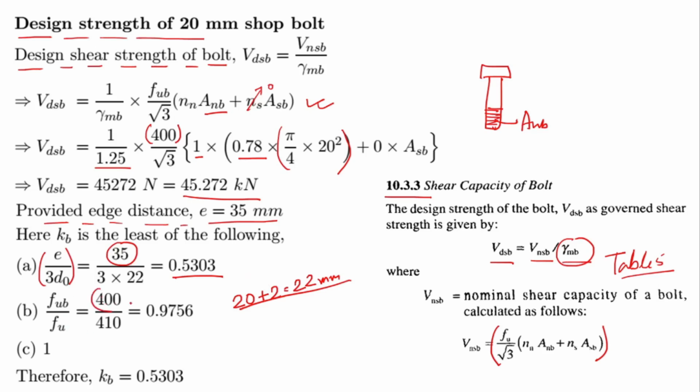FUB is the ultimate strength of the bolt, and Fu is the ultimate strength of the plate. So this value will be calculated as 0.9756. Then it is simply 1. So among these three values, the least one is E by 3D naught, which is 0.5303, and it will be taken as the value of Kb.